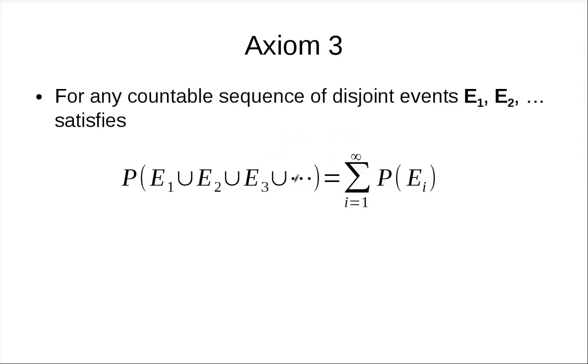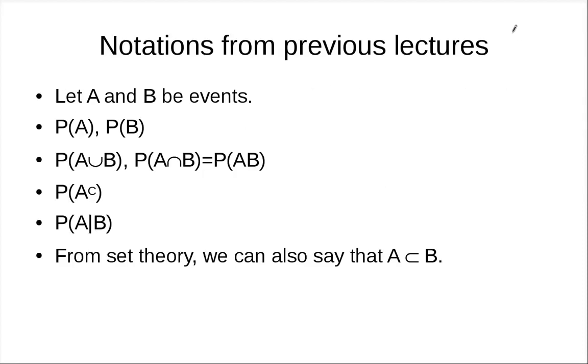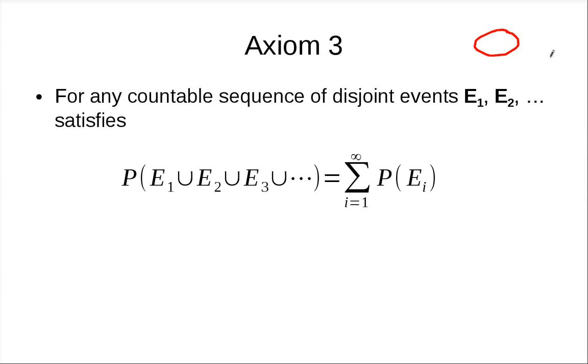The last one might look a little bit complicated, but if you think about 2 events, if you have 2 disjoint events, or mutually exclusive events, it's the same thing.